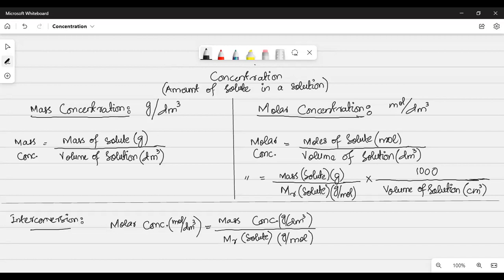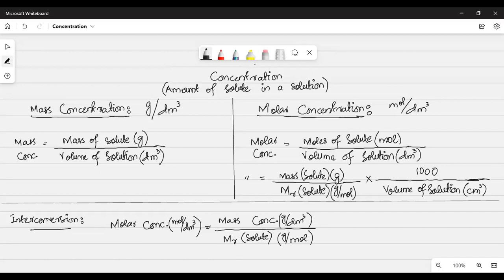That's how we convert them. Or you may rearrange the equation. You may multiply molar concentration with MR to give you mass concentration. It's really up to you. That's how this works. Clear enough?